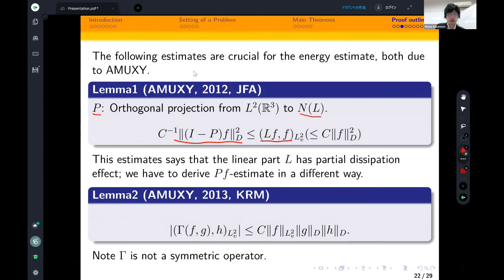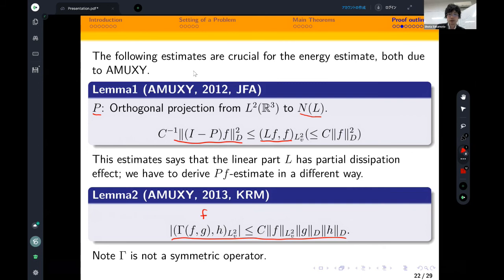And for the estimate of the nonlinear part, we use this by Amixi. It says that the inner product of H and gamma FG, well, we usually use this gamma FF, but it can be defined for general F and G, can be bounded by this quantity.